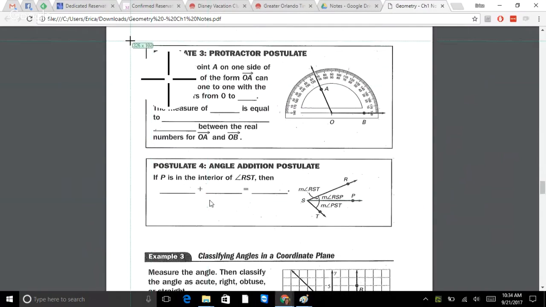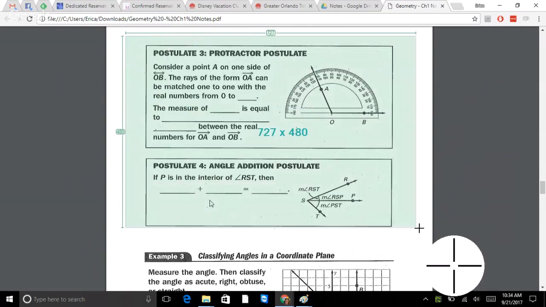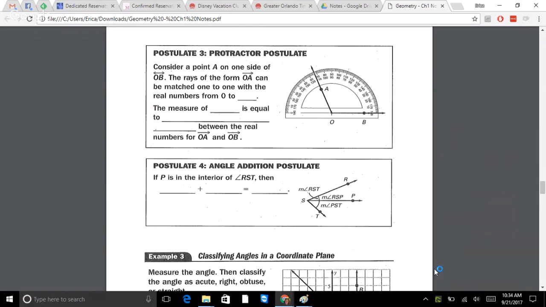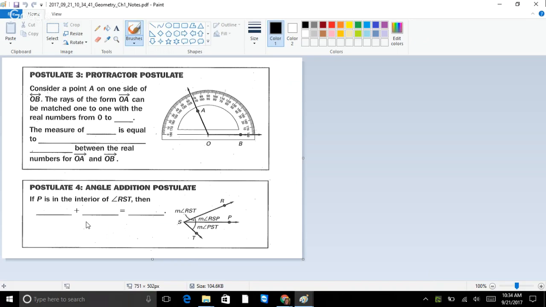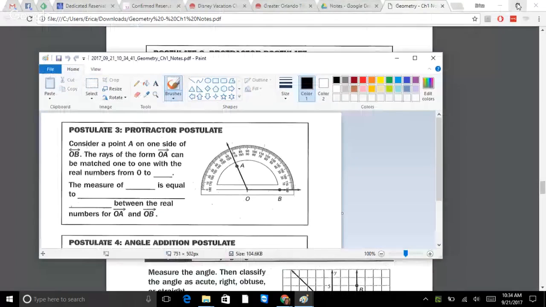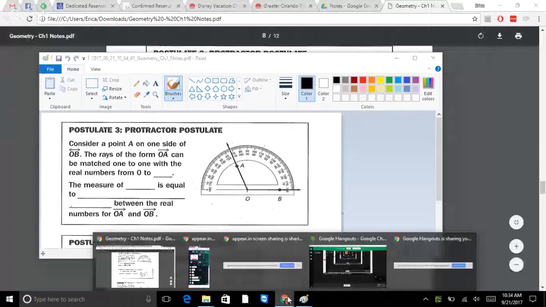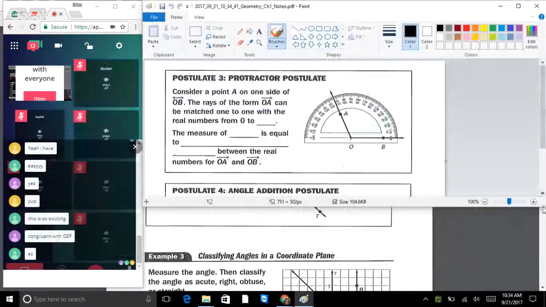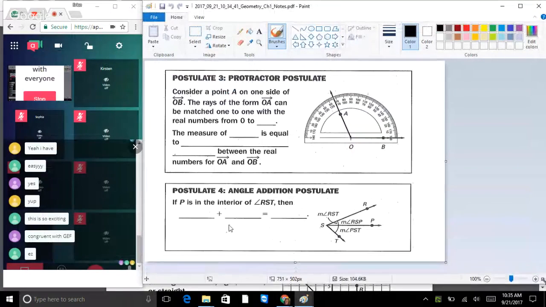We are going to talk about our third and fourth postulate, and they are going to look really similar to our first two postulates. Remember, a postulate is just a rule that is accepted across geometry. There's no proof, but we all accept them to be true.